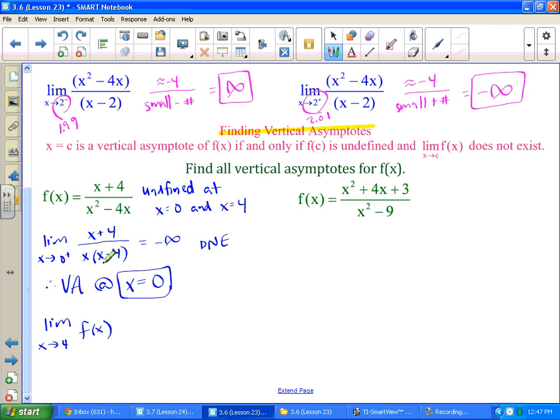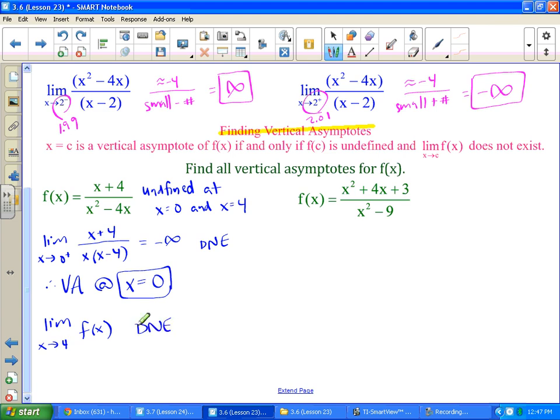The denominator, if I approach from, let's say, the right, isn't this really small? Is it positive or negative? Positive, and this would be positive. So I would end up with infinity if I approach from the right. What would happen if I approach from the left? It'd be negative infinity, right? So does this exist? No. So it does not exist.